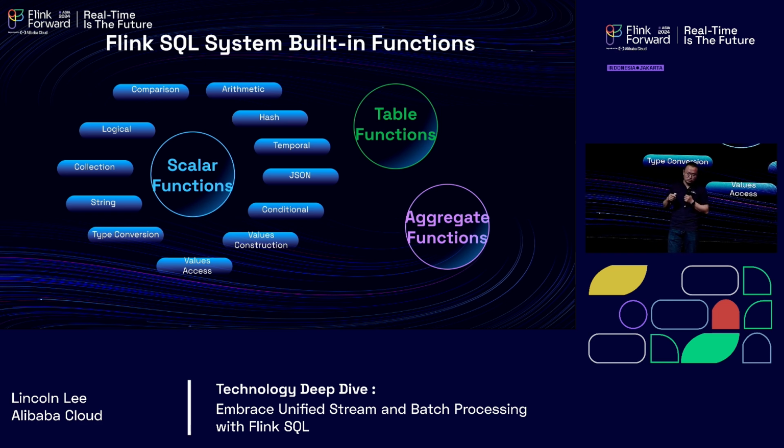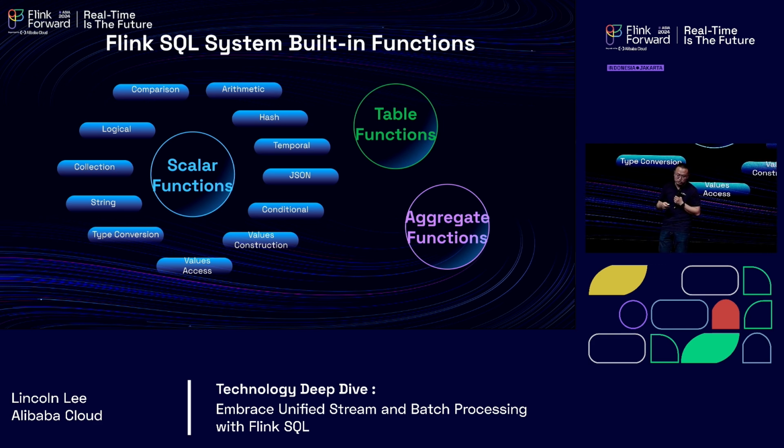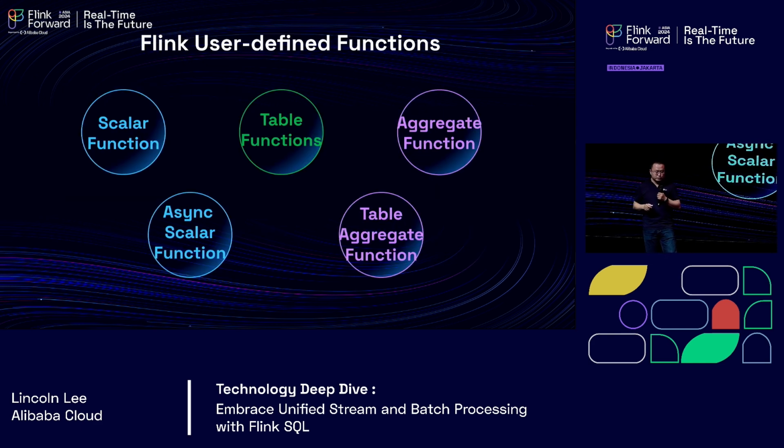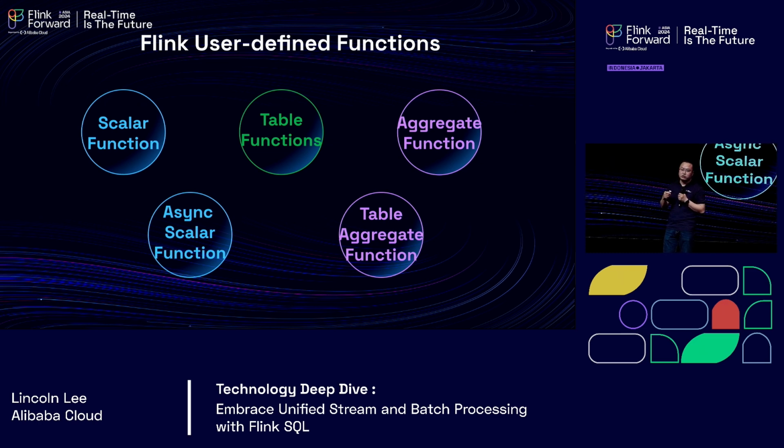The most used is the scalar functions, including string functions, JSON functions, temporal functions, arithmetic ones, and functions for comparison, for logical judgment, and others. Besides the built-in system functions, users can also extend their own functions by the interfaces.